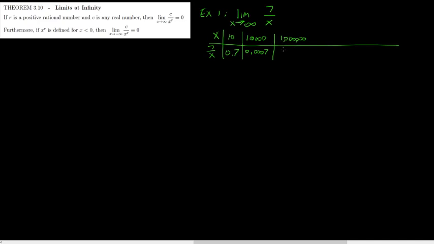Well, you get 7 divided by 1 million. I think I have too many zeros here, right? 6 zeros. As a decimal, that's just 0.000007, right? And you can see that's a fairly small number.